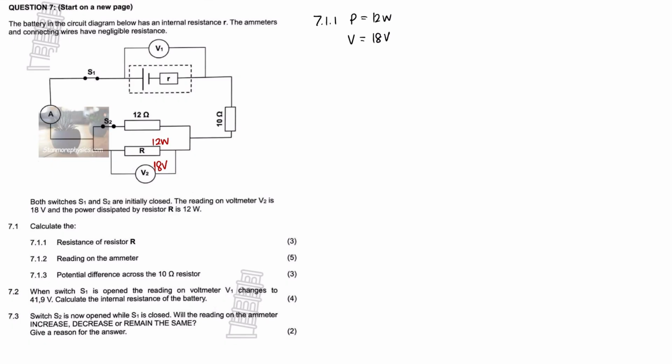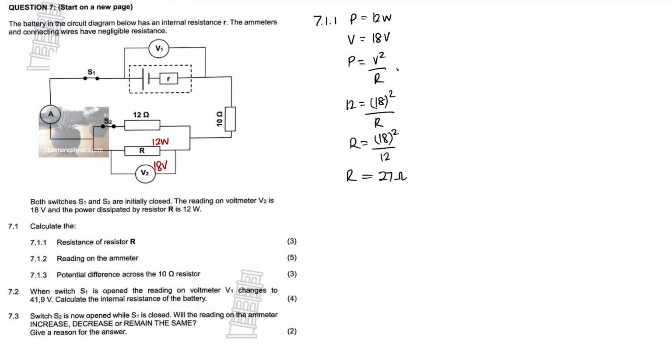Now I want R, and so I'm going to use the equation power is equal to V squared divided by R. Substituting, 12 is equal to 18 squared divided by R. Then switch the 12 and the R: R is equal to 18 squared divided by 12, and that means R is equal to 27 ohms.